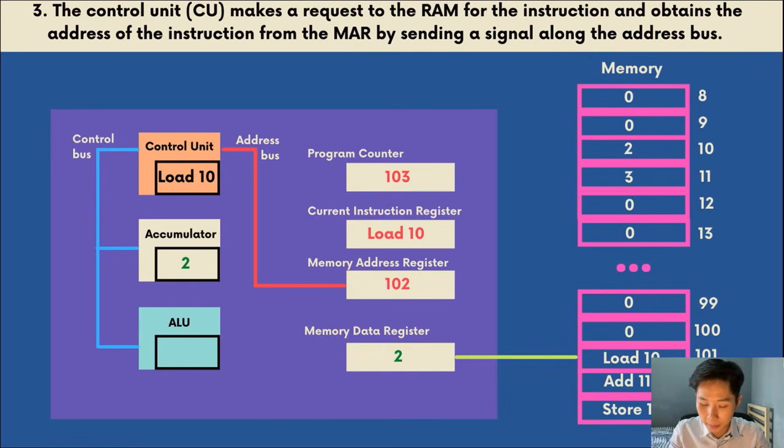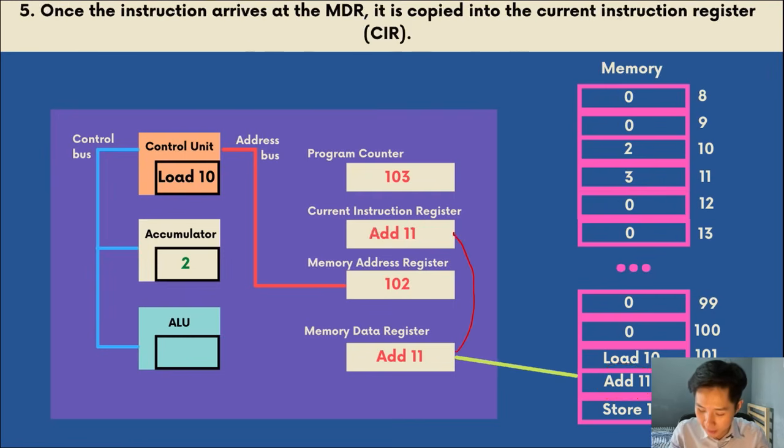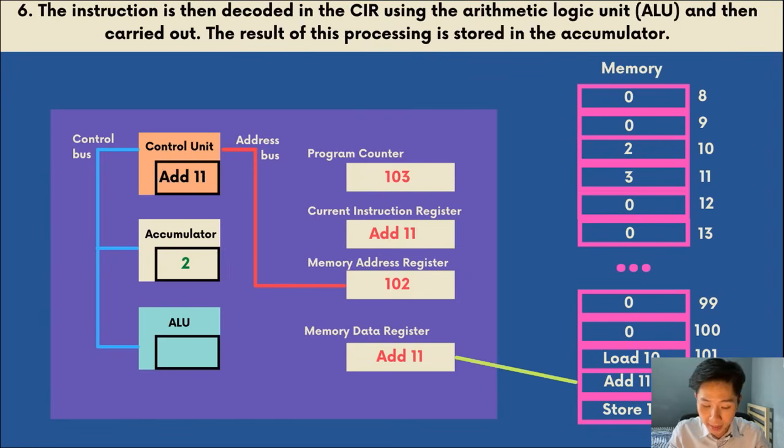The control unit will make a request so that it knows what instruction to carry out. In the fourth step, this instruction from address 102 is moved to the memory data register, and in the next step, this instruction is copied into the current instruction register, and the control unit will do its task.